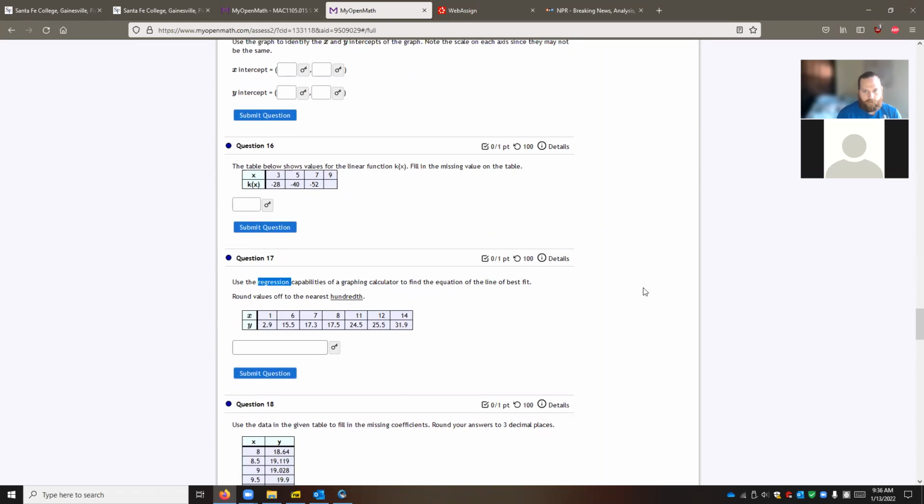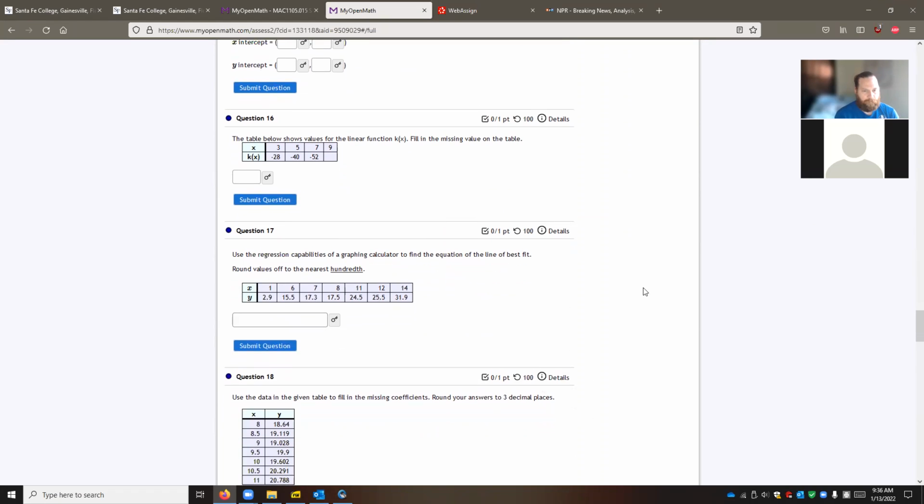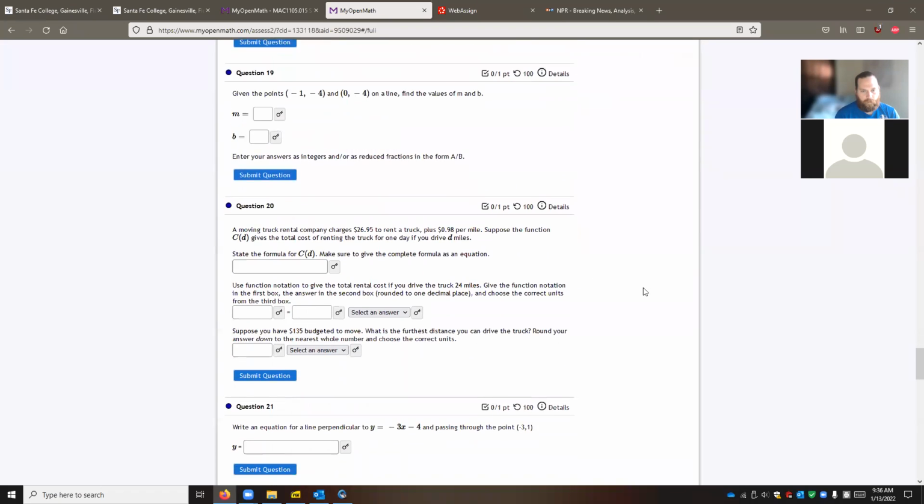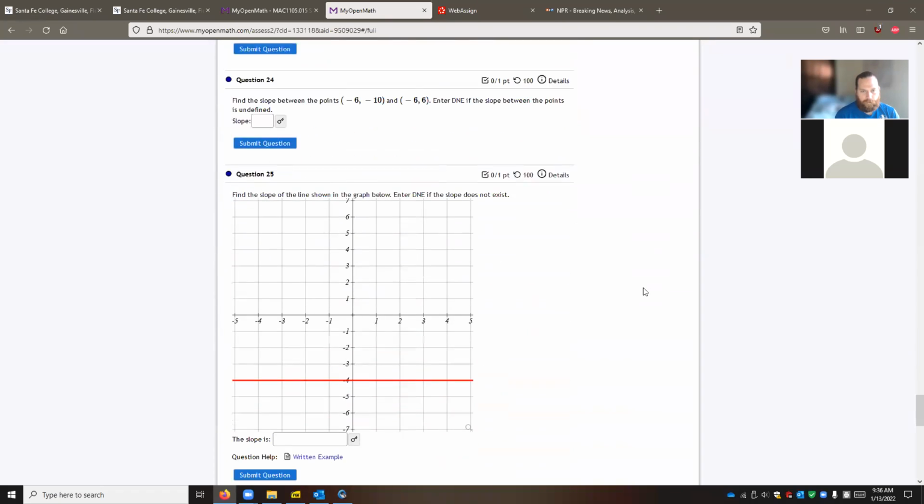Yeah, okay, this regression thing is not going to fit in here. Everything else, I think we should be able to get to okay.